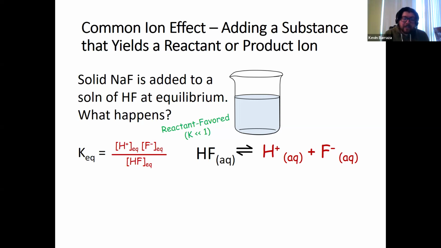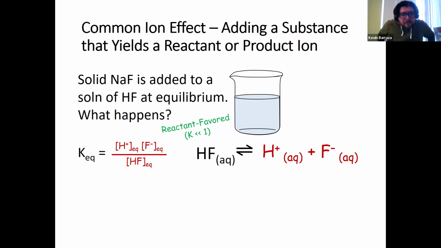Now it says, what would happen if solid NaF is added to the solution? So here's where the Chem 1A review comes into play. What do we know happens to NaF when it meets water? It dissociates.